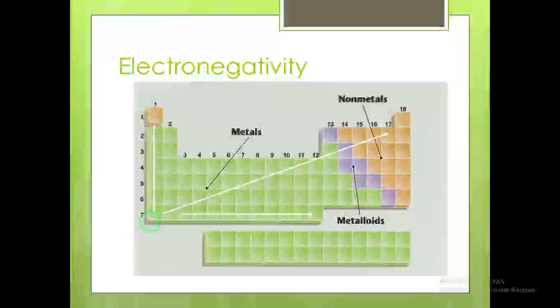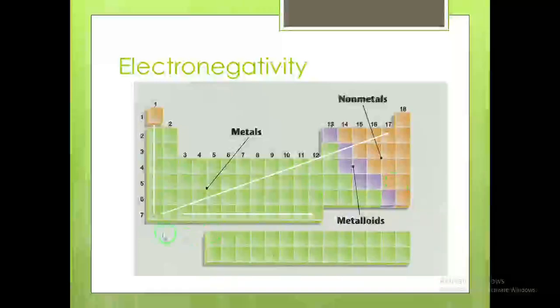Now you can see the trend here. Electronegativity, this graph is directly the opposite of the graph I just showed you earlier. Electronegativity increases upwards and increases from the beginning to the end of a period.